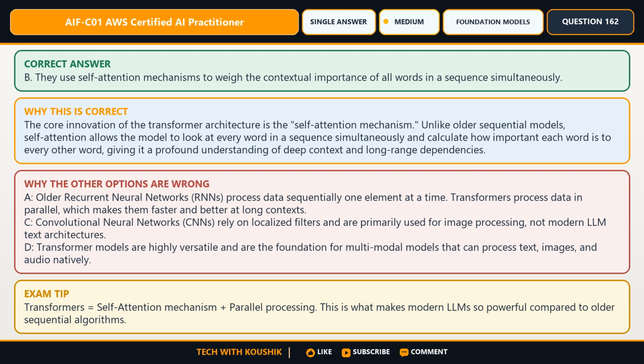D. Transformer models are highly versatile and are the foundation for multimodal models that can process text, images, and audio natively. Exam strategy. Transformers equal self-attention mechanism plus parallel processing. This is what makes modern LLMs so powerful compared to older sequential algorithms.